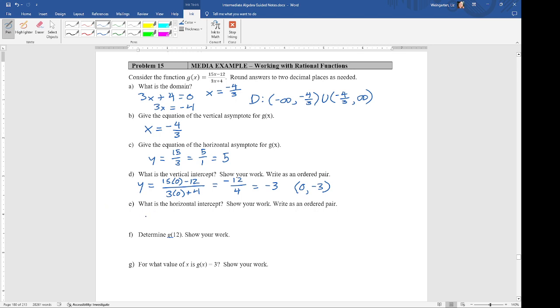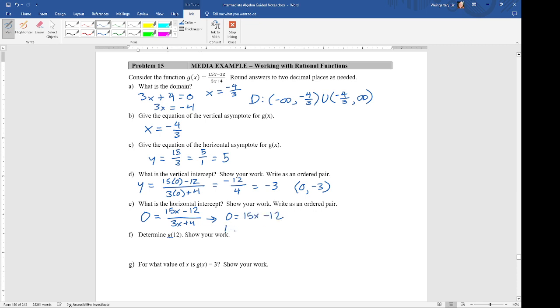For our horizontal intercept, we want to set the equation equal to 0 and solve for x. Multiply both sides by 3x plus 4, and we get 0 equals 15x minus 12.